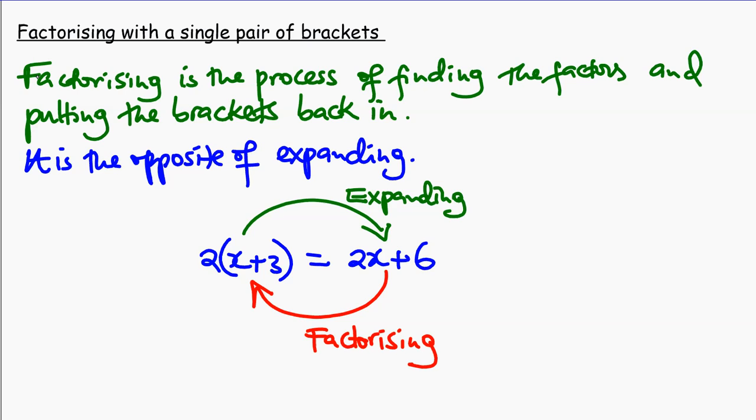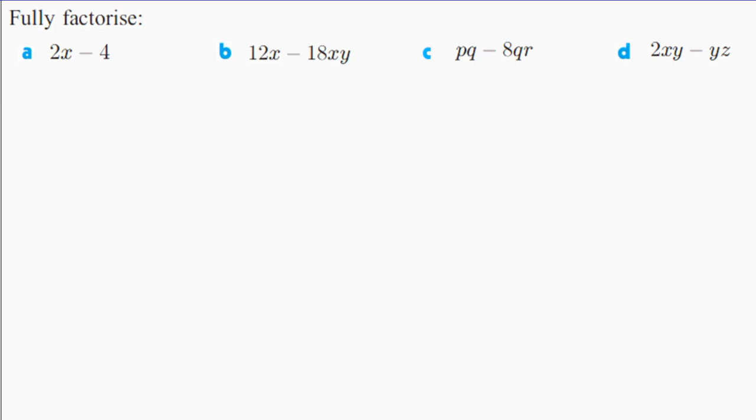So I'll look through some examples to explain this in detail. Remember, the first step is finding the factors. So from this question A, the factors of 2x are 2 and x. The factors of 4 are 2 and 2.